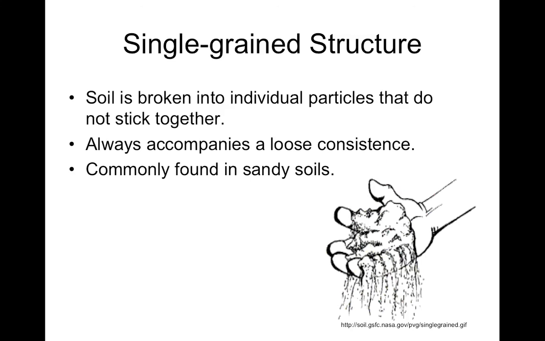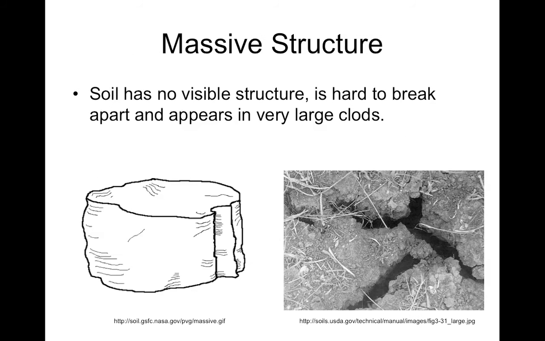Then we can go into single grain soil structure, so there's very little cohesion between the particles. It's just a sand, like a lot of you guys collected. It's in loose consistency, and there's very little stuff sticking all together. And then we can have massive soil structure as well, which is almost the complete opposite.